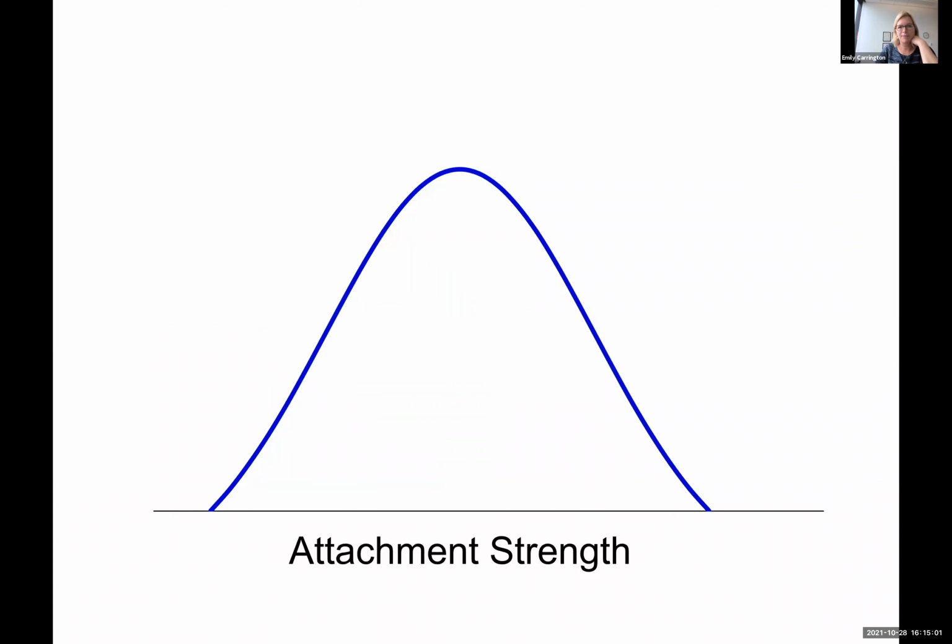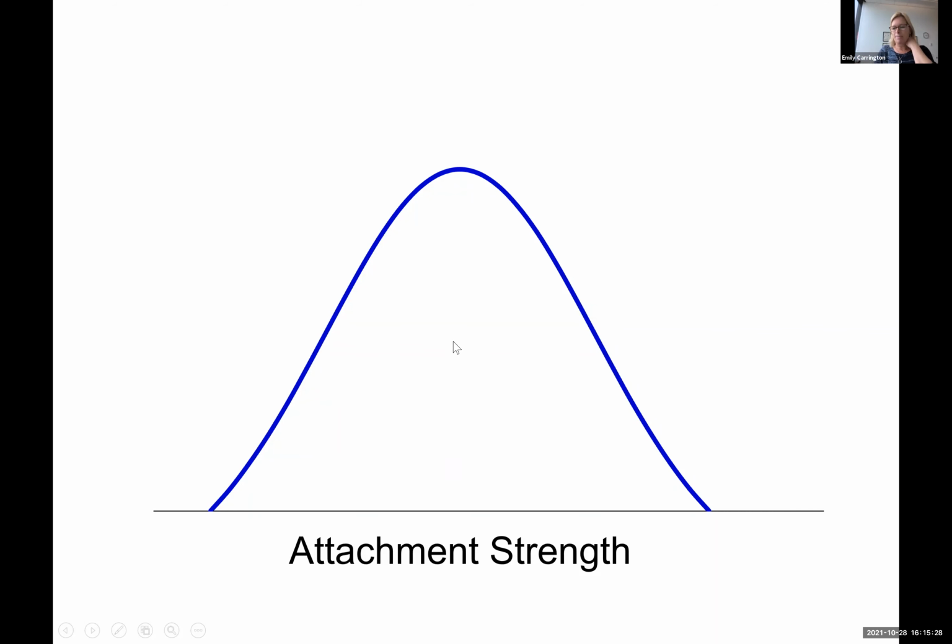Just to give you a graphical explanation of how I would develop a biomechanical model, we can first go out to a population of mussels and measure how strong they are. So we can get some idea of the distribution of attachment strengths in the population. There'll be some weak ones down here, some strong ones up here, and somewhere in the middle, some sweet spot, will be where most of them are.